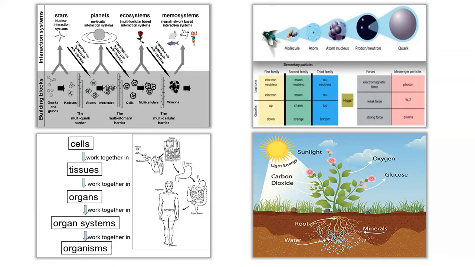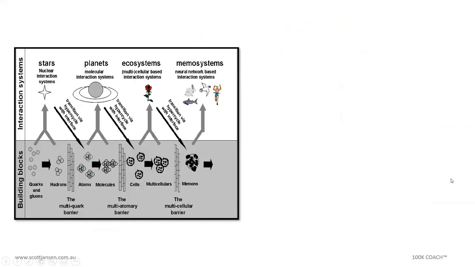An example here, if we have a plant, in order for this plant to survive, it has to subtract energy from another system, the sun being another system. We call this light energy. And that light energy creates carbon dioxide for us, oxygen and glucose. But if we drill right down into the plant, we can see it's made up of roots, water systems, and mineral systems. So everything we see on this planet, including you and your business, is made up of systems.